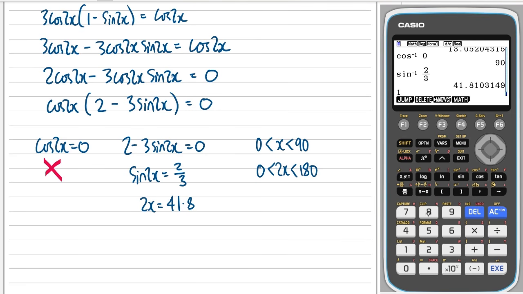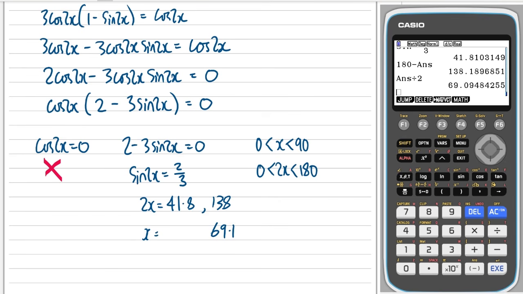So I'll have to do 180 minus the first answer. And that one is also in the range for 2x, which is good. So then to find x, we just divide these by 2. So I'll start by dividing this one by 2, which gives me 69.1. And then I'll divide the other one by 2, which will give me 20.9, I believe.